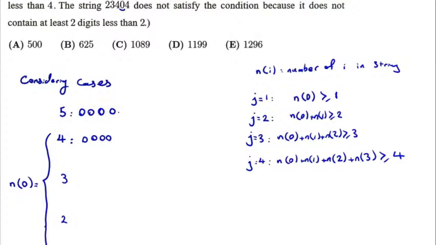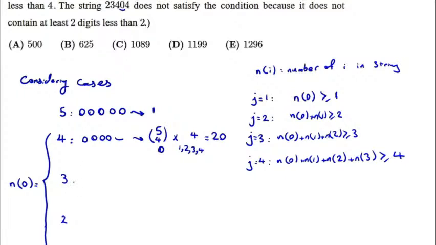If you have 5 zeros, then we have one string and it satisfies all 4 conditions. If you have 4 zeros, it also satisfies all 4 conditions, but 1 digit is left. So you should say 5 choose 4 for zeros times the digit that is left, which can be 1, 2, 3, or 4, because the digits are 0 to 4. So it will be 20.